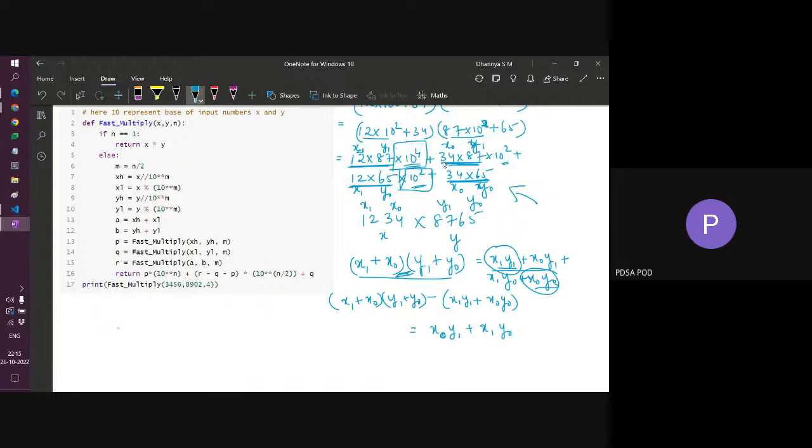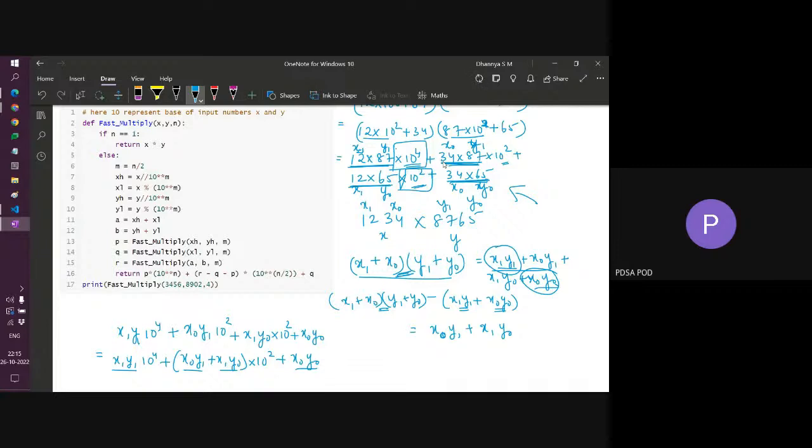This is x1 y1, right? x1 y1 into 10 power 4 plus x0 y1 into 10 squared plus x1 y0 into 10 squared plus x0 y0 is equal to x1 y1 into 10 power 4 plus x0 y1 plus x1 y0 into 10 squared plus x0 y0. 1, 2, 3, 4 multiplications. Here you have 1 multiplication, 2 multiplication and 3 multiplication.